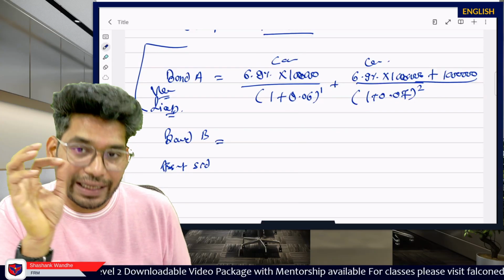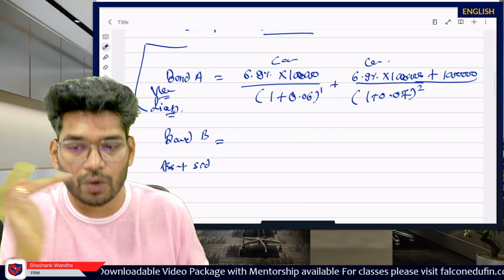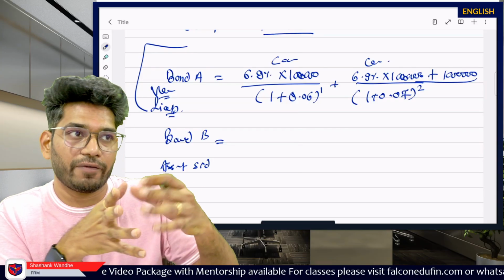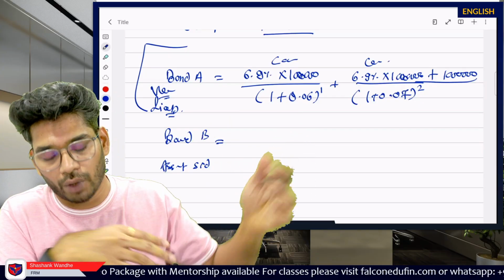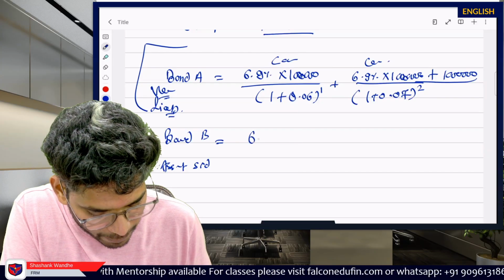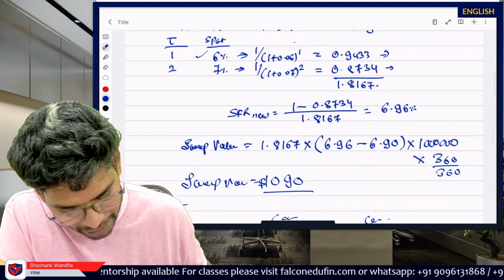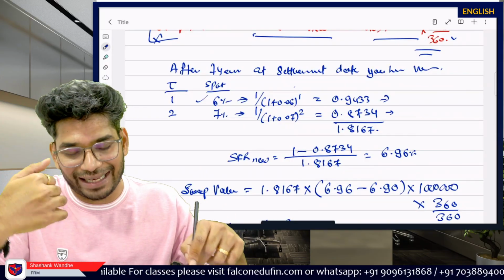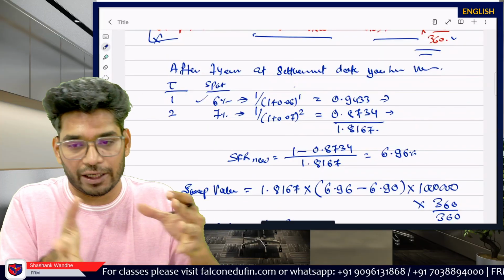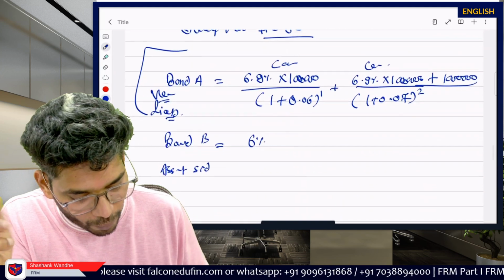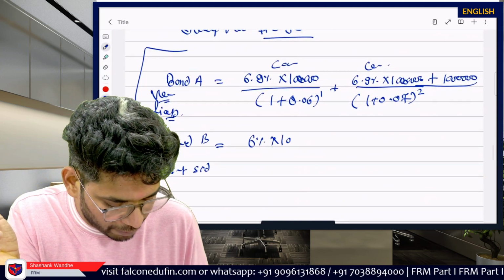Here the catch is, we know the floating rate, but we don't know what the floating rate will be throughout the time. So what we do, we take 6%, because right now we know the 1 year spot rate, meaning at time t0, we have 6% as a rate. So this particular floating rate will be applicable for the next settlement. This is the coupon you have to pay, multiplied by 1 million.